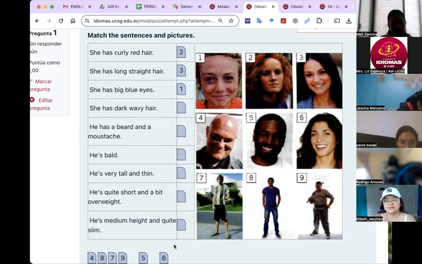She has dark wavy hair, number 6. Okay, thank you. Next one, please. He has a beard and mustache, number 5.